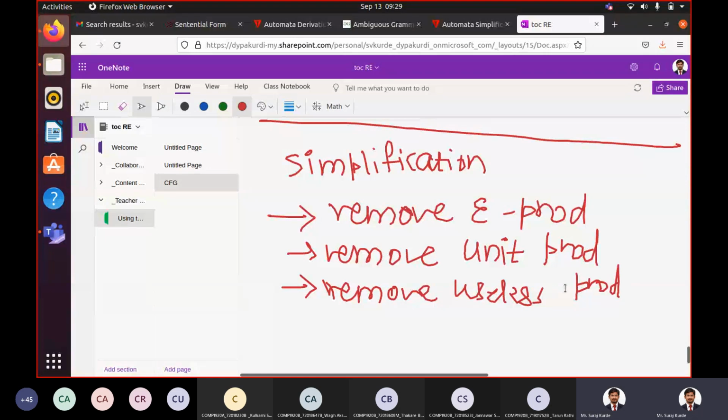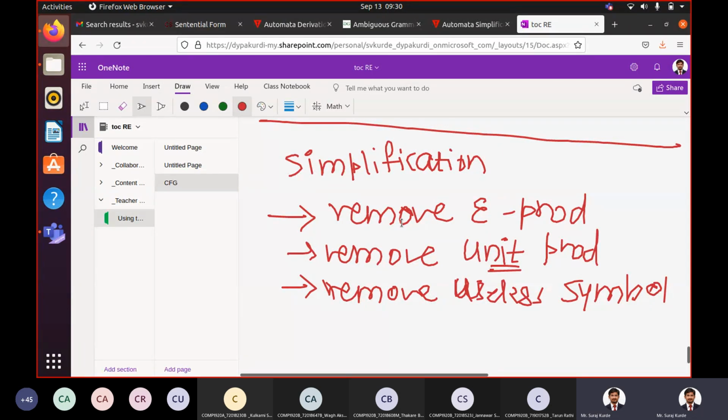Or rather than useless production, it is useless symbol. What is a useless production? It is a unit production itself, or any production which is not used in deriving any string. Simplification is nothing but removing this type of symbols or productions from the grammar.